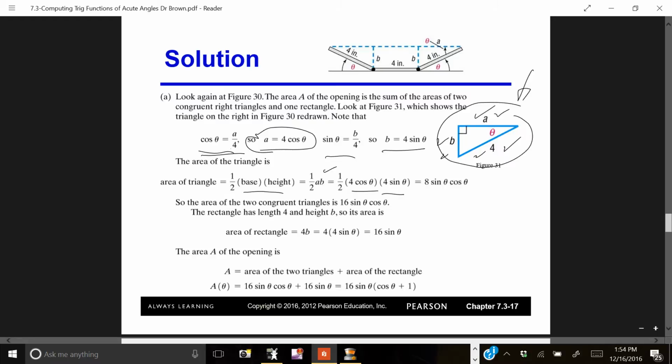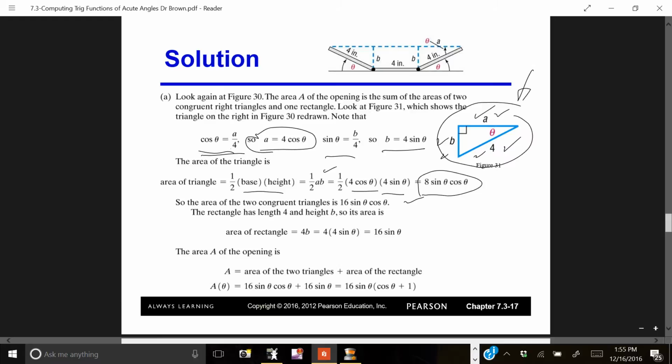So 4 times 4 is 16, divided by 2 is 8. So the area of a triangle is 8 sine theta cosine of theta. So the area of the two triangles is 16 sine of theta times cosine of theta.